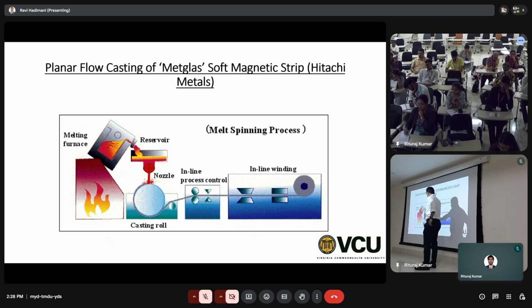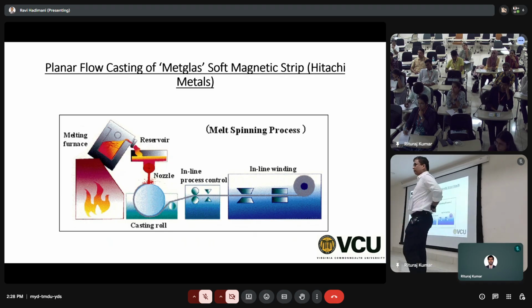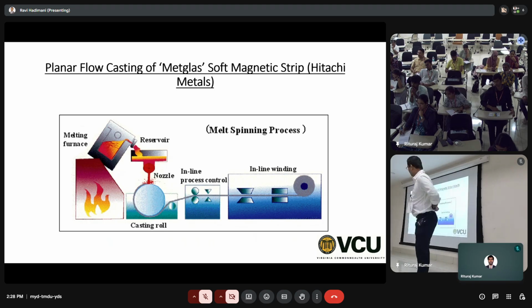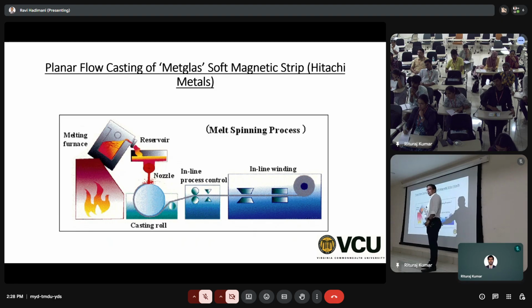Has anybody heard of Metglas? Because it's amorphous, like glass, it's not crystalline. Metglas is metal glass. It's a word coined by Hitachi Metals, and they patented this technique for making electrical steel for transformers.